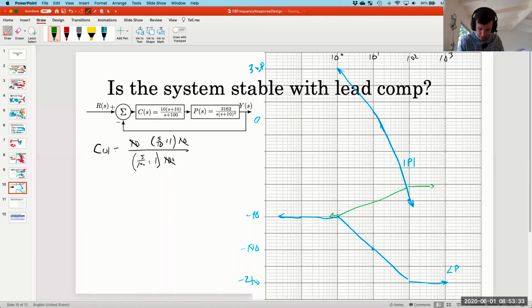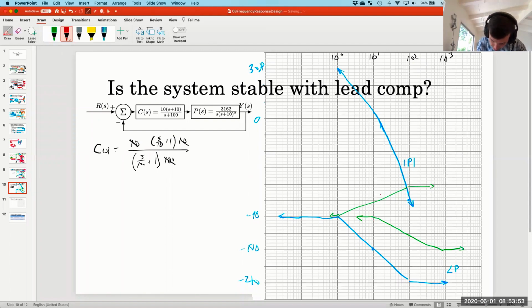And the compensator pole is at 100, and so we get something like this. So the overall effect on the phase plot is, I'm still sloping down, right?